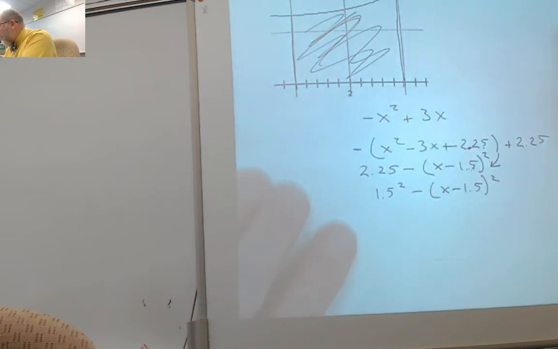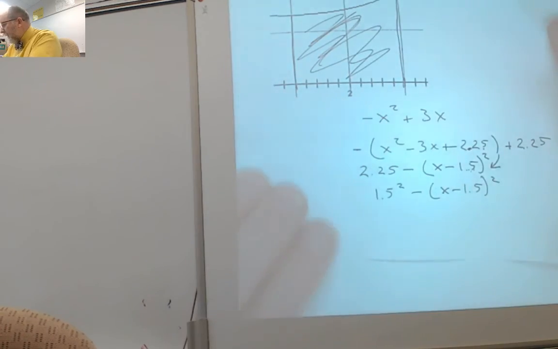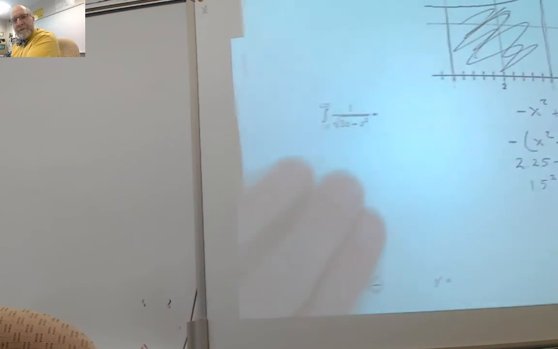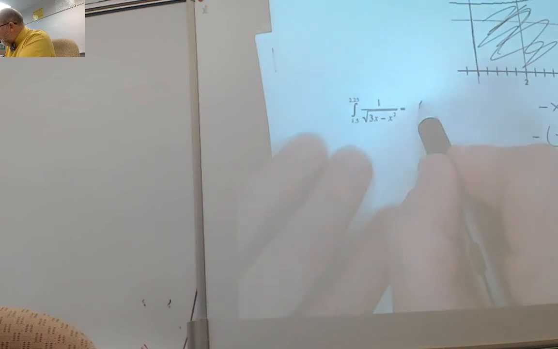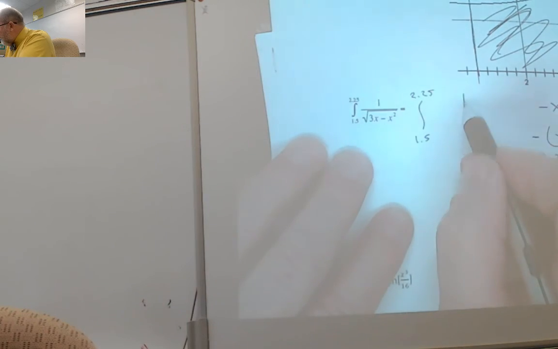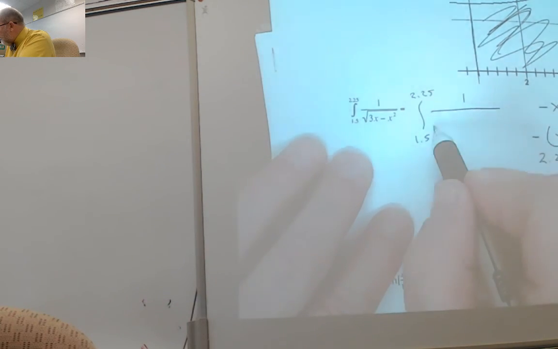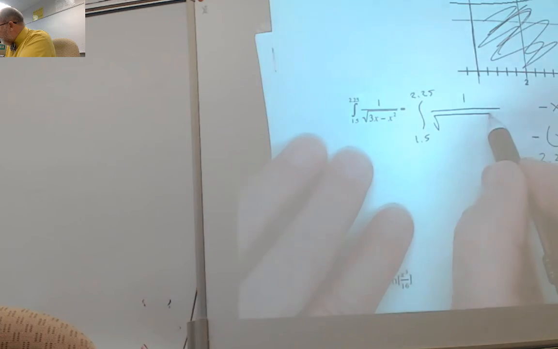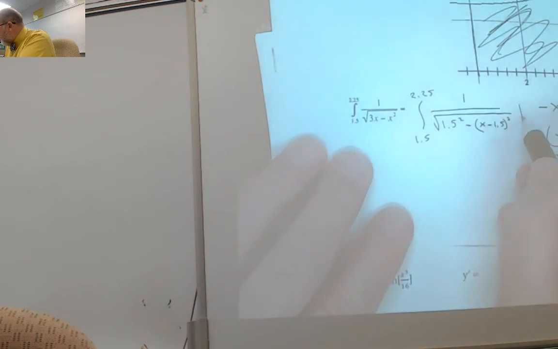So now when I come back here, I can rewrite this so it is integrating from 1.5 to 2.25 of 1 over the square root of 1.5 squared minus the function (x minus 1.5) squared dx.